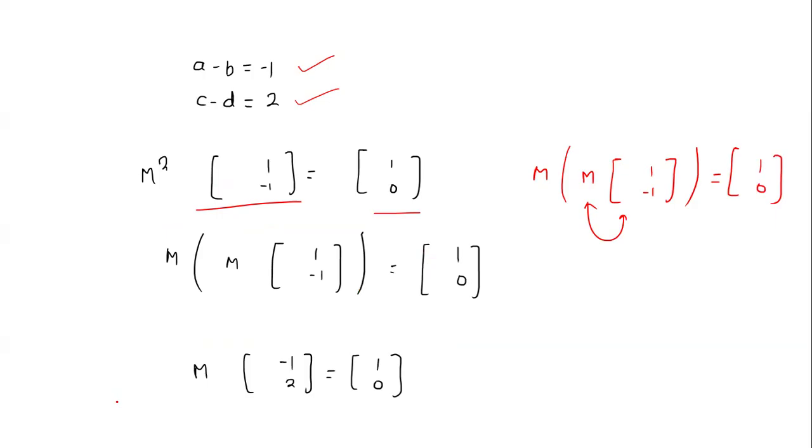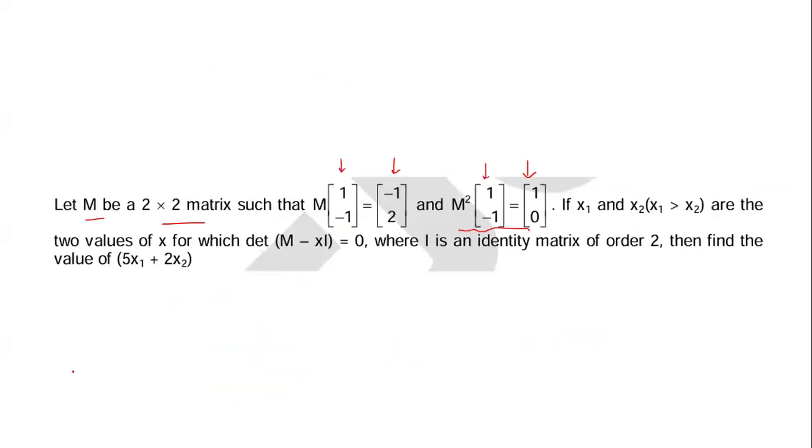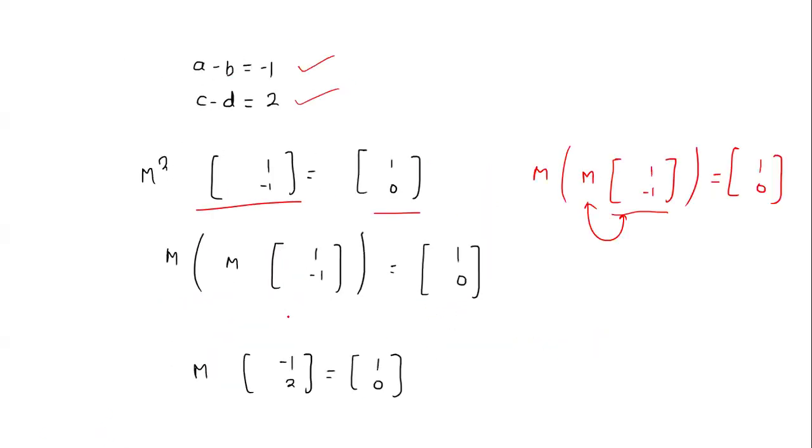Now we know M multiplied by this vector is equal to this vector, which is minus 1 and 2. So we can directly replace this thing by minus 1 and 2, and now we have the simplified form.